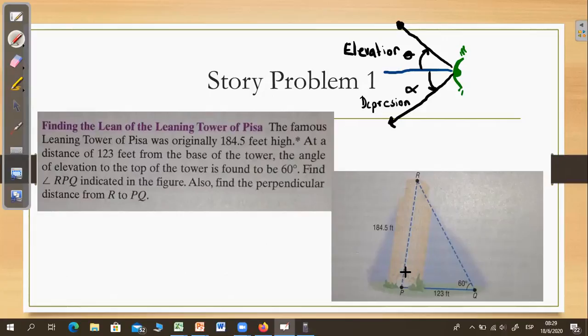But of course, this is the unknown we want to know. And in order to find it, we need to conclude what law will work, the case that this triangle is. And of course, one more piece of information. It says, also find the perpendicular distance from R to PQ.